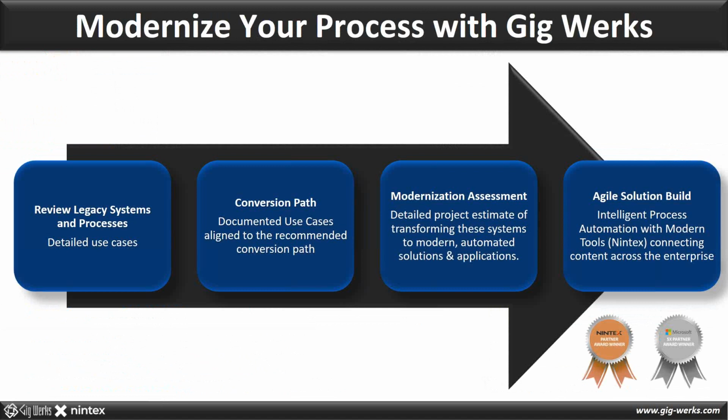Are you going to use Nintex, build your own, obsolesce, get something off the shelf? That assessment will allow us to give you an estimate and an approach to what you need to do to modernize the enterprise so you can move forward as new tools roll out, and help you run an Agile process to complete your vision.